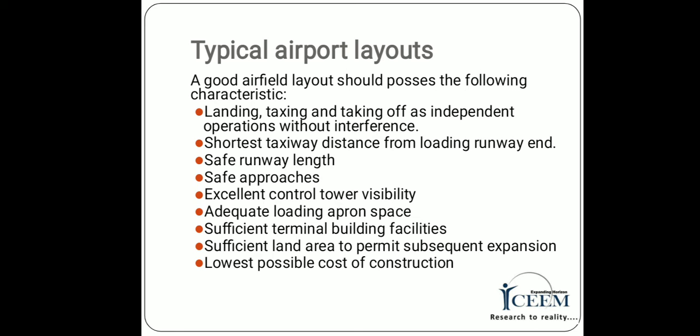Next point is safe runway length. Next, safe approaches, excellent control tower visibility, adequate loading apron space, sufficient terminal building facilities, sufficient land area to permit subsequent expansions, and lowest possible cost of construction. These are the points for a typical airport layout.